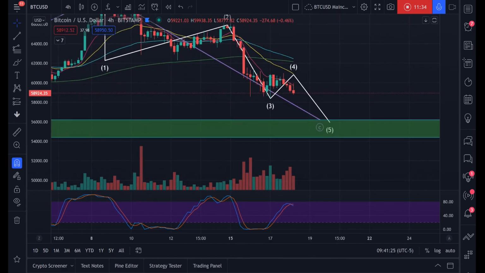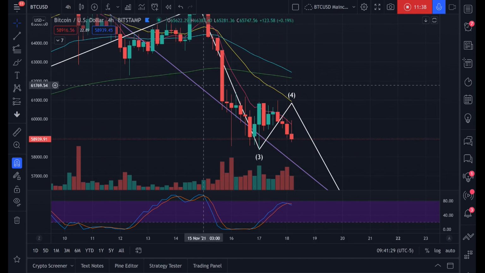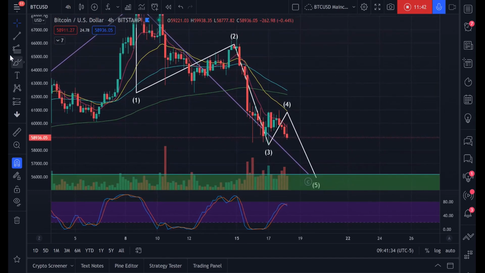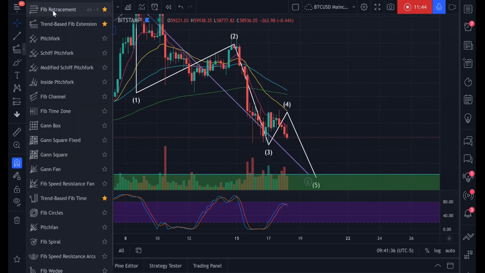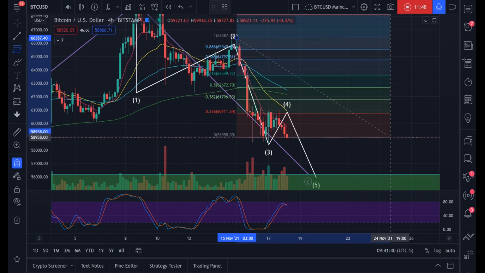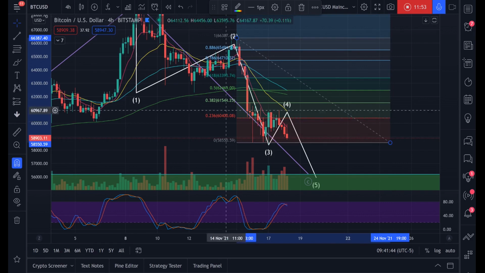Yesterday, in yesterday's video in my analysis, I was talking about how a great entry, if this is indeed a 4-wave, is to simply take your Fibonacci retracement tool from the top of wave 3 to the bottom and look at the 382. Why?